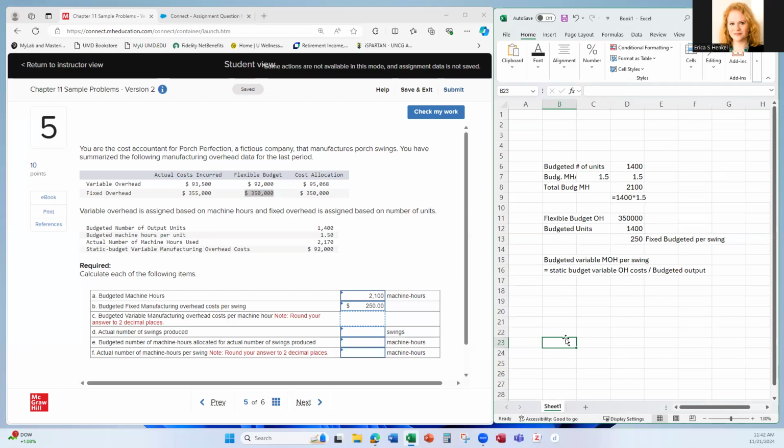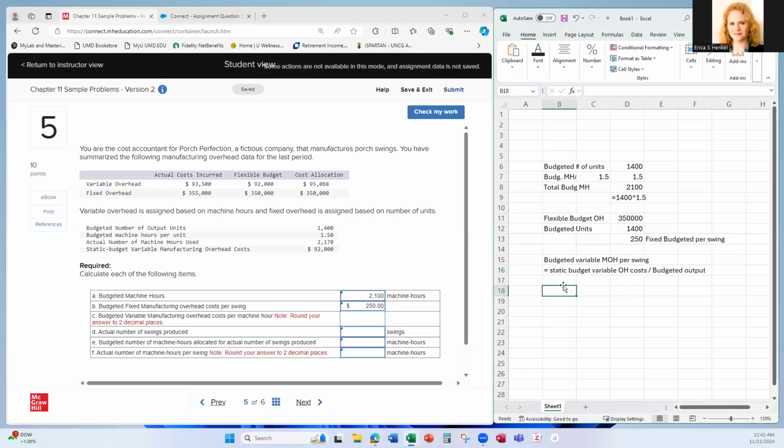So looking at our flexible number here. Okay, wait. So they gave us a dollar amount here, right, of 92,000. So looking at this, if our static budget variable costs of 92,000 are the same as our flexible budget, that actually tells us that our flexible budget and our static budget have the same number of units here. So that must mean that our actual manufacturing amount was the 1,400 also.